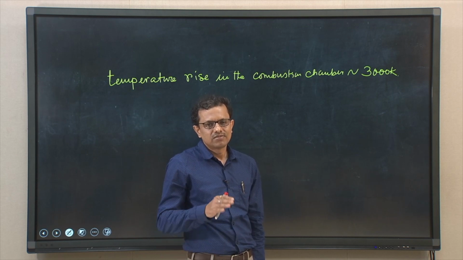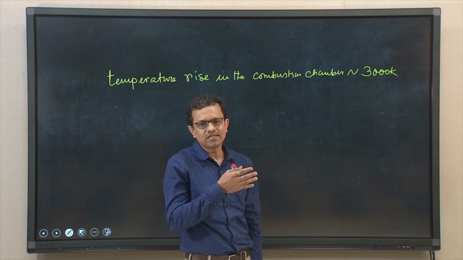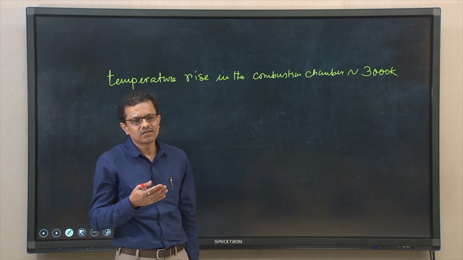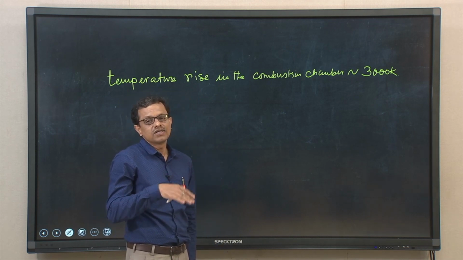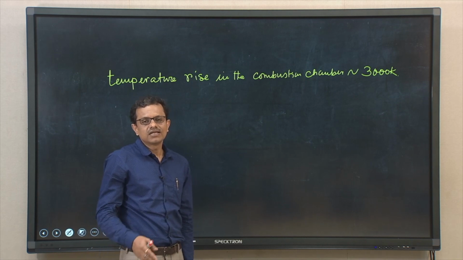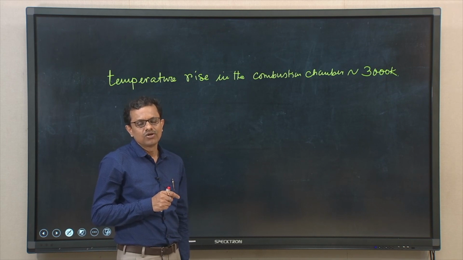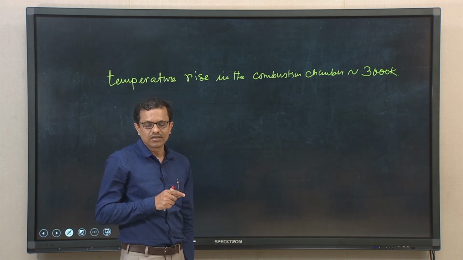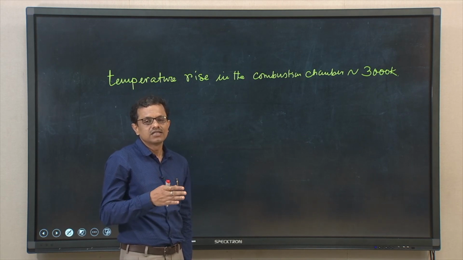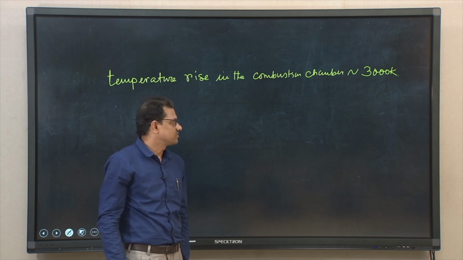So, there must be some mechanism to remove heat or reduce the temperature of the combustion chamber, so as to prevent the combustion chamber and cylinder from melting and many other detrimental effects. So, the temperature of the combustion chamber has to be reduced. Certain heat removal, thermal management of heat, must be there in an engine.